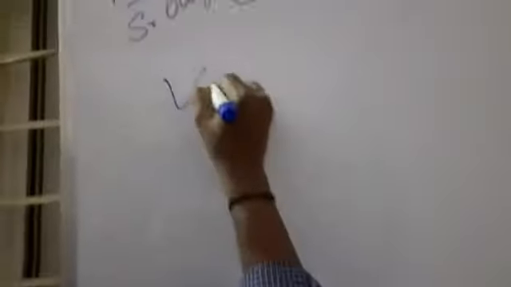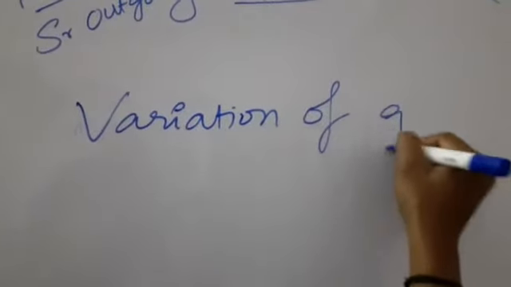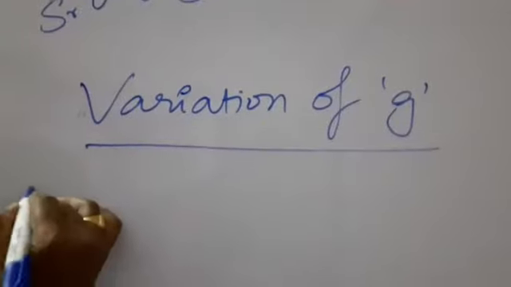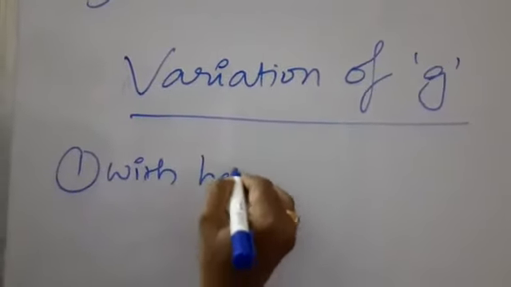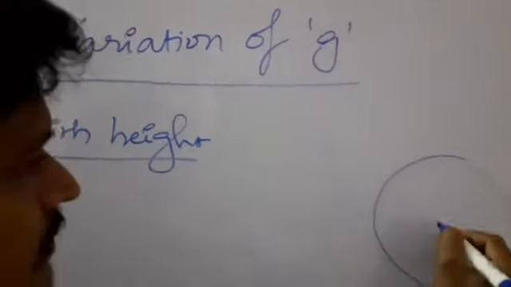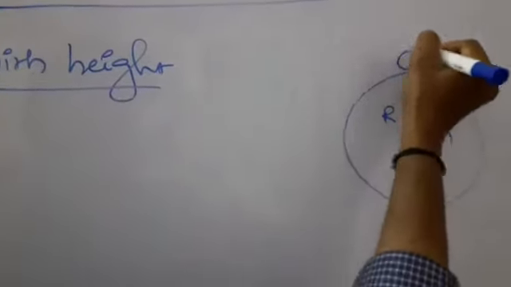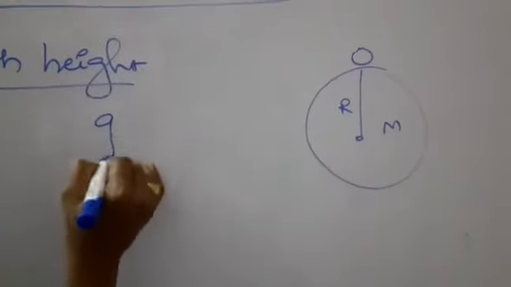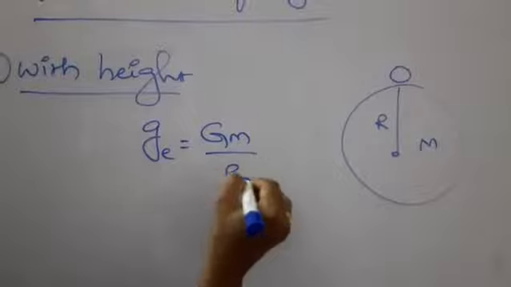Next, variation of g with height, depth, and latitude. Number one, variation of g with height. We can consider the earth with mass M and radius R. When an object is on the surface of the earth, g is equal to GM by R square.